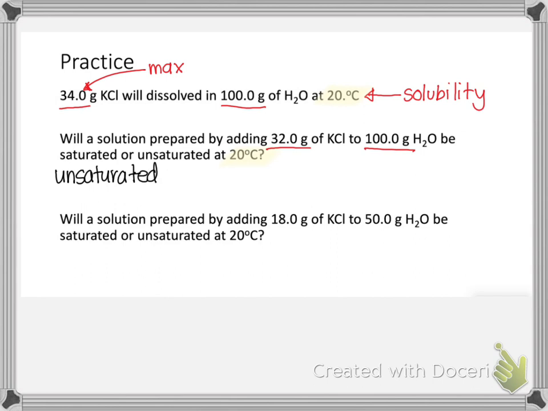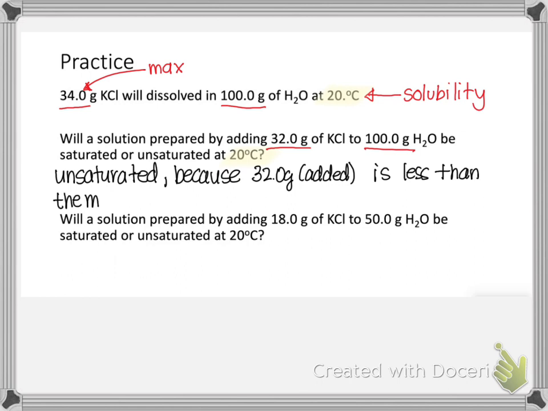And I'm going to write a because 32 grams is what we added, is less than the maximum, which is the 34 grams. So if you're adding anything less than the maximum, it would be unsaturated. It's not full yet. So it's unsaturated.